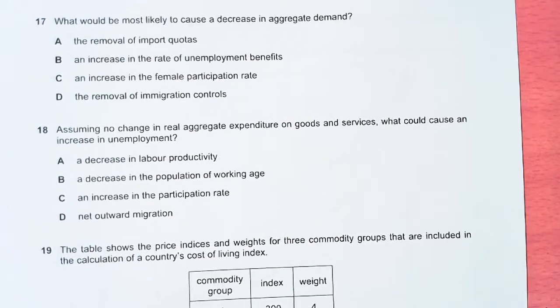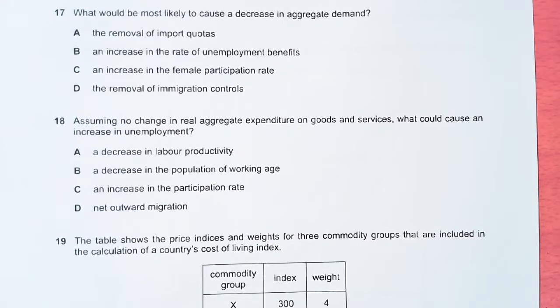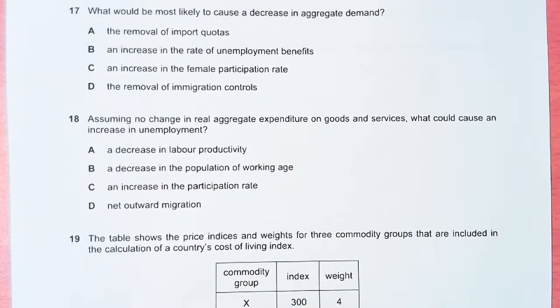Okay, number 18. Assuming no real aggregate expenditure on goods and services, what could cause an increase in unemployment? Okay, so could it be a decrease in labour productivity, a decrease in the population of working age, or an increase in the participation rate?